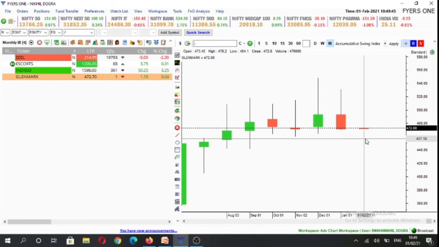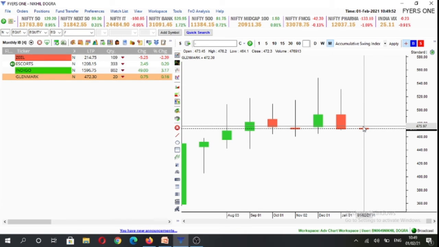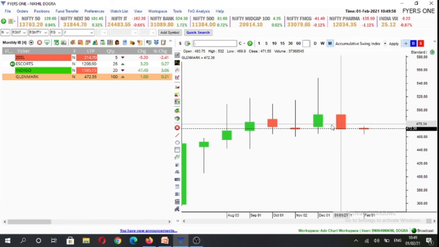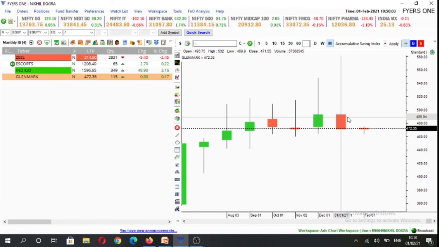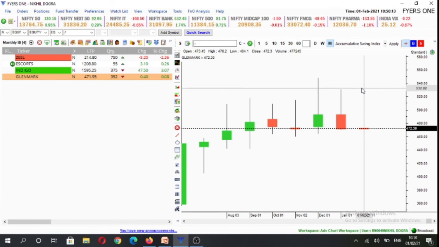So if it starts trading above 473.5 levels, then we'll look for buying opportunity only, but we would be buying it with a relatively small quantity, because we would have opted for a higher quantity if it had broken to the upside, that is above 530.2 levels. But since it first broke to the downside, there's a chance that it can reverse and form an outside candlestick, but we will not be establishing a full size position.